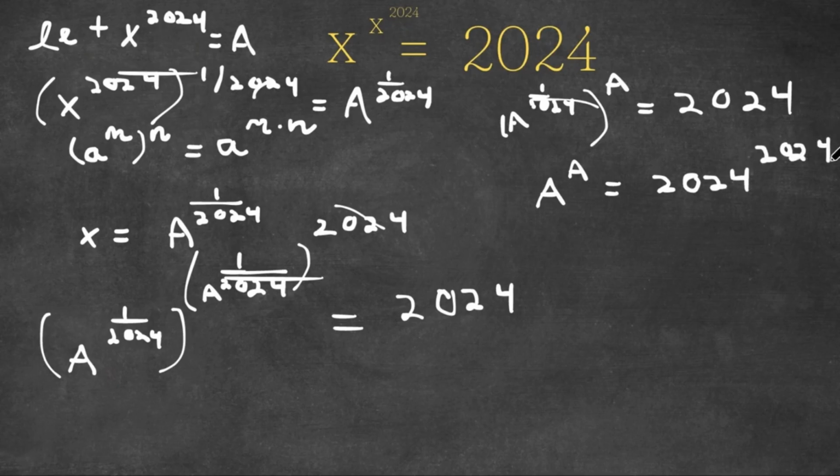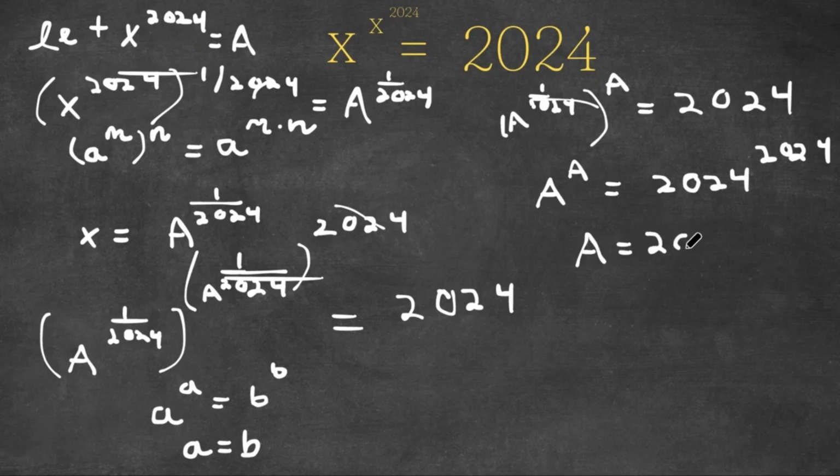Now, if we have something in the form a to the power of a is equal to b to the power of b, then this means that a is equal to b. So in this case, this means that a is equal to 2024.